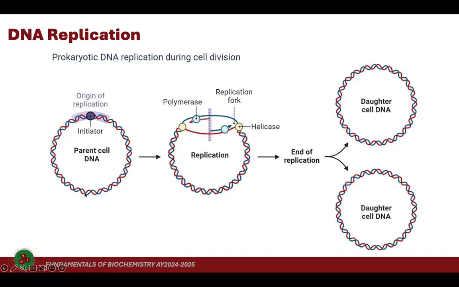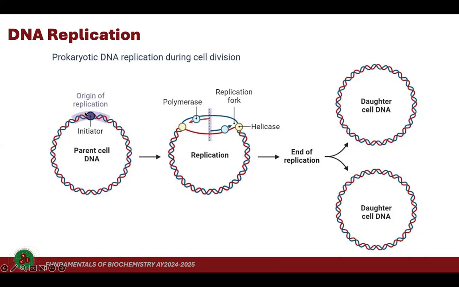So, for prokaryotes, let's say bacteria, their DNA is typically circular, as shown here. Replication starts at specific sequences in the circular DNA of your bacteria called ORI, which is short for origin of replication.